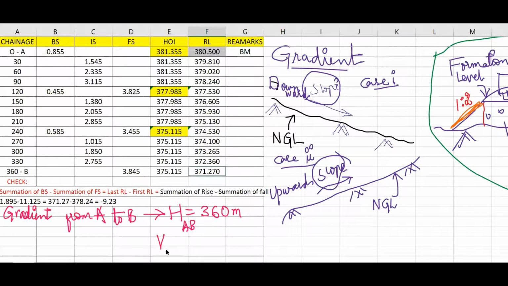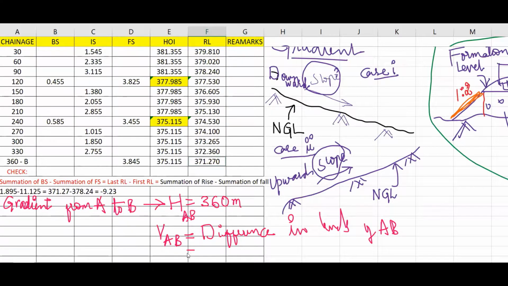Now can I know the vertical distance AB? Yes, the vertical distance AB is nothing but the difference in levels of A and B.